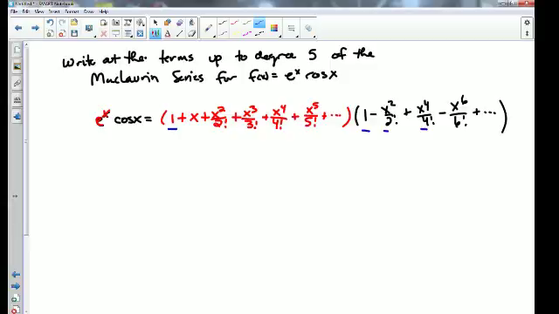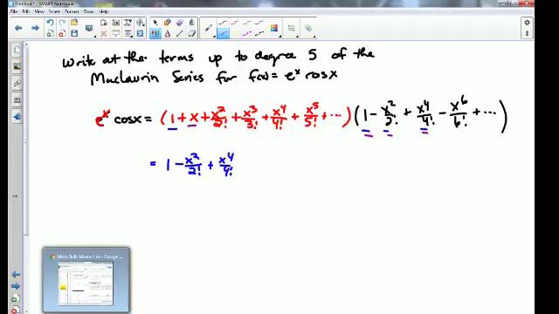So basically what I advise, take the first term and multiply it by each of these up to degree 5. Right, so we're going to end up with 1 minus x squared over 2 factorial plus x to the 4th over 4 factorial, right? Okay, next one.